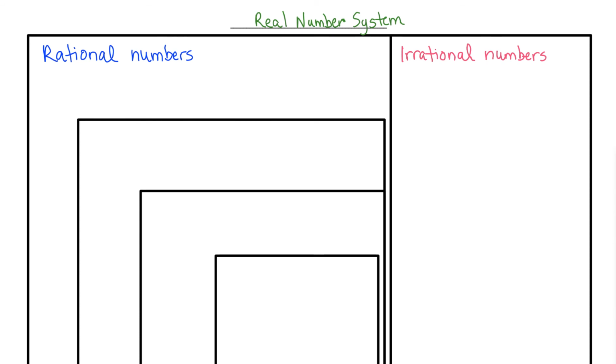So inside of rational numbers, we have these things called integers. Inside of this box, we have something called whole numbers.